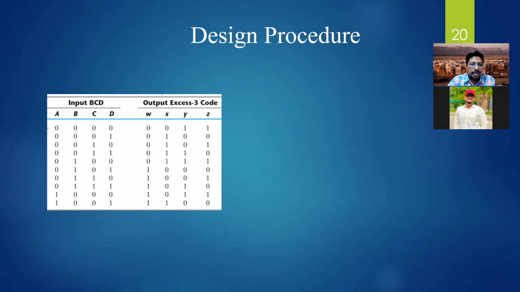Anyhow, okay, now you add 3 and you get these results. Now look here, we are using X3 because if I take any number of these and subtract it from 9, since I'm talking about BCD converted to X3, and BCD goes up to 9.